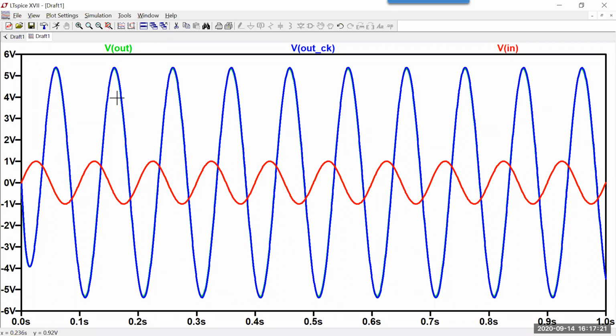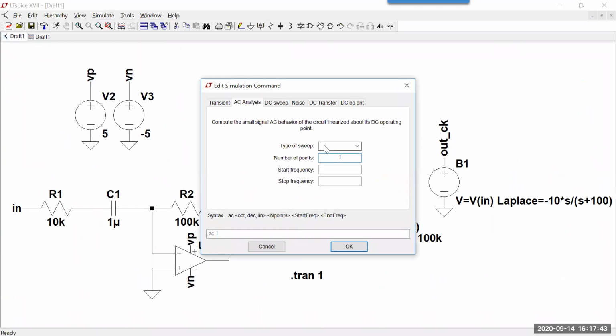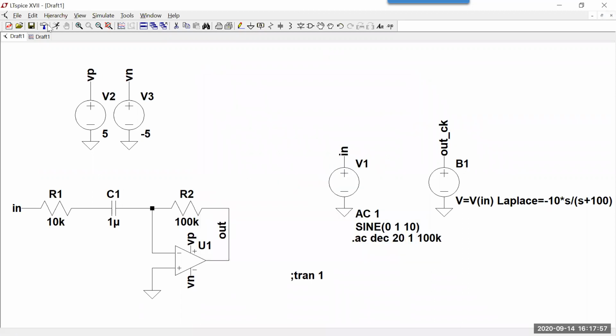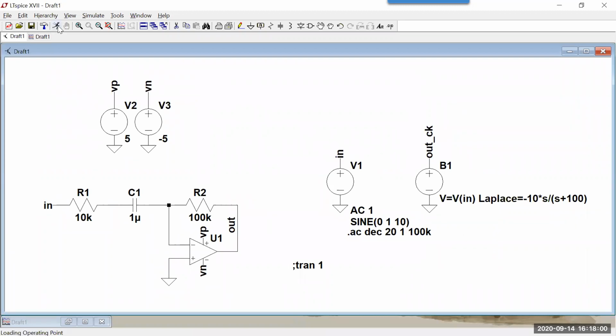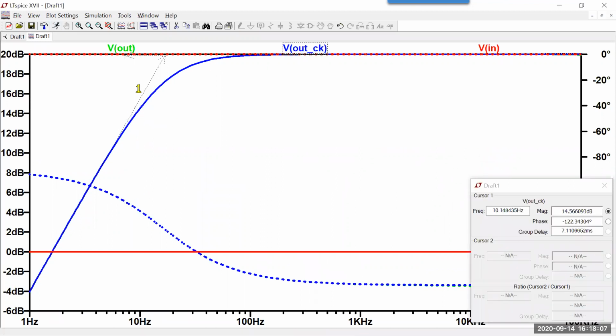So when I say that Bode plot, if I take the magnitude of the input and divide that by the magnitude of the output and measure that phase at 10 Hertz, at 10 Hertz, I should get that same magnitude and phase.